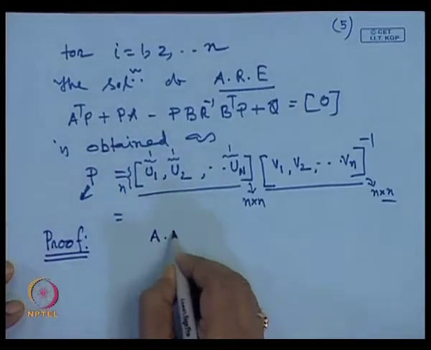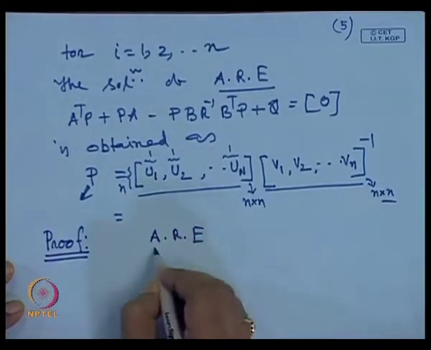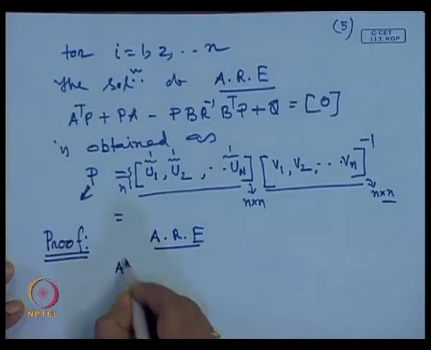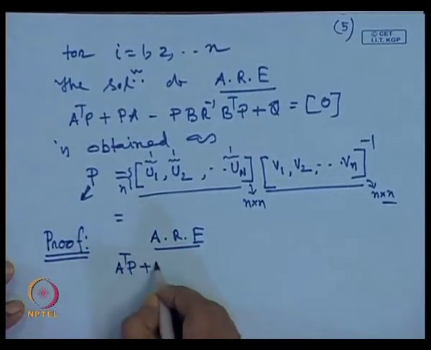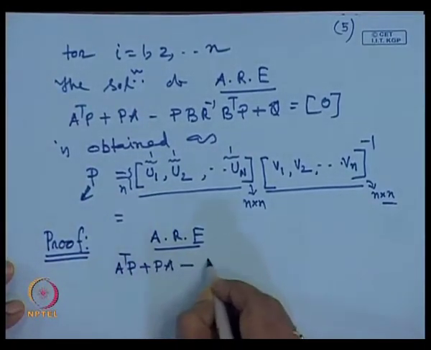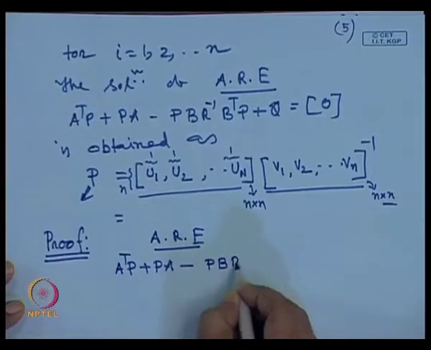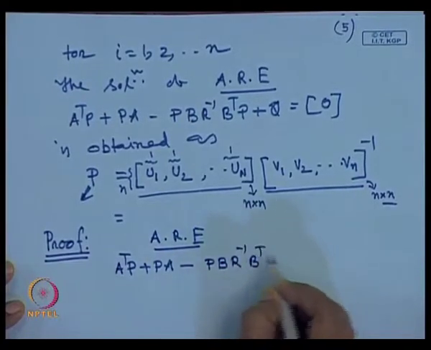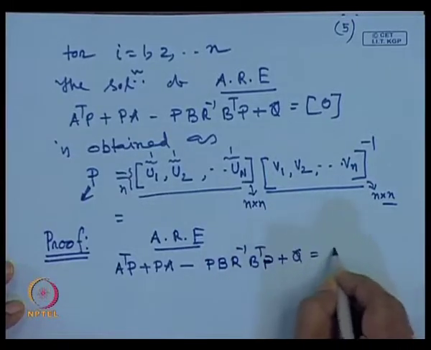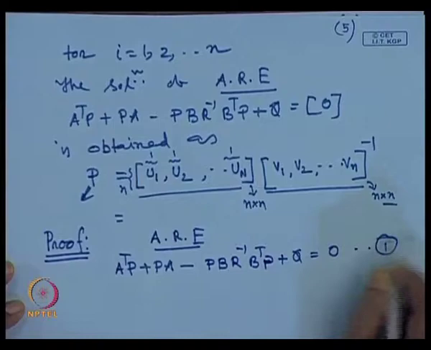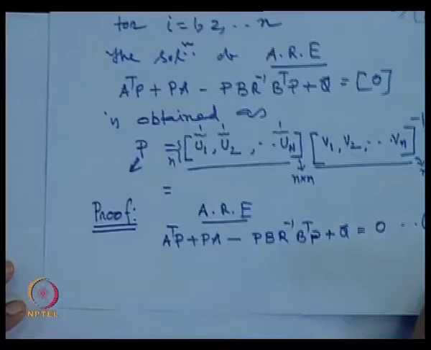The algebraic Riccati equation, we rewrite here: A transpose P plus P A minus P B R inverse B transpose P plus Q is equal to 0. Let us call this equation number 1. This equation we are writing in a different form.